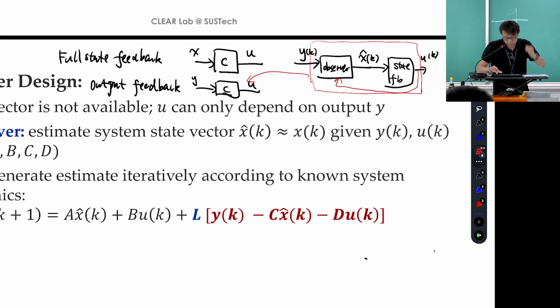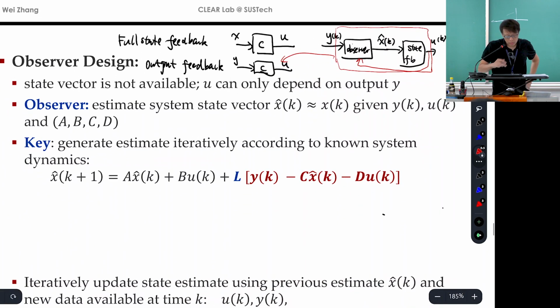So let's first look at the deterministic case, the Luenberger observer. What's given to us is the ABCD matrices, that's my system model. You know that, all right? However, I don't have access to the full state. I only have access to Y, which may have much lower dimension than the state.